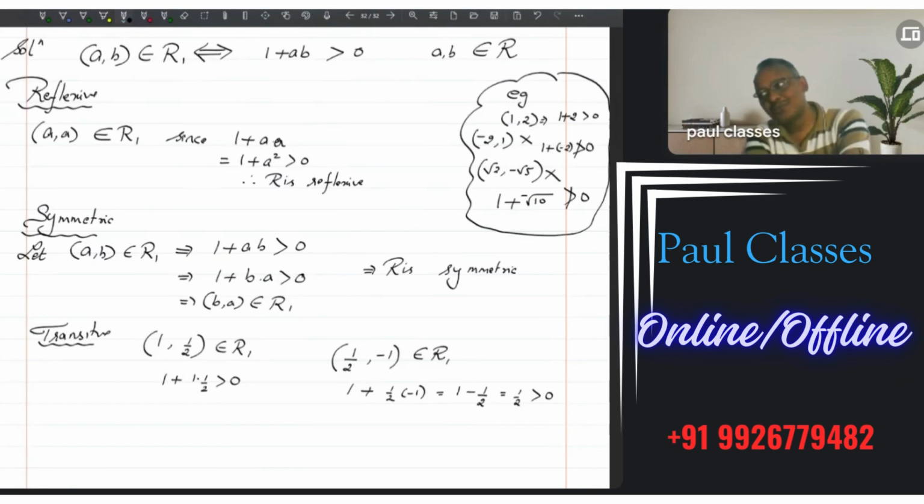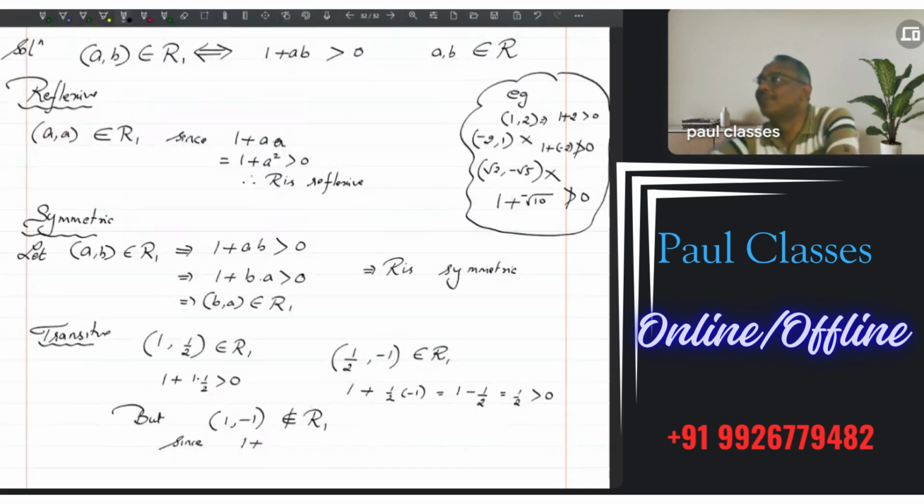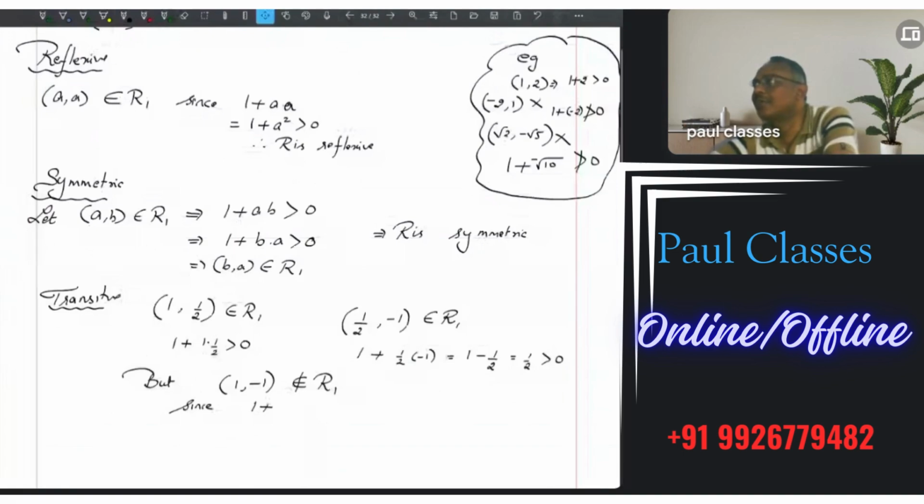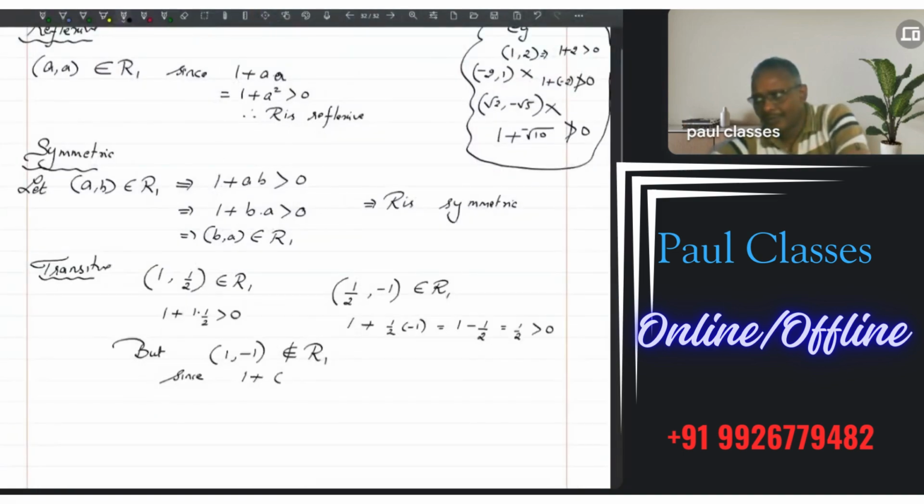But what will you say about 1 and minus 1? It will become 0. No. It does not belong to R1. Why? It will become 0, because, yes, keep speaking, I am writing. Minus 1, which is 1 minus 1 is 0.